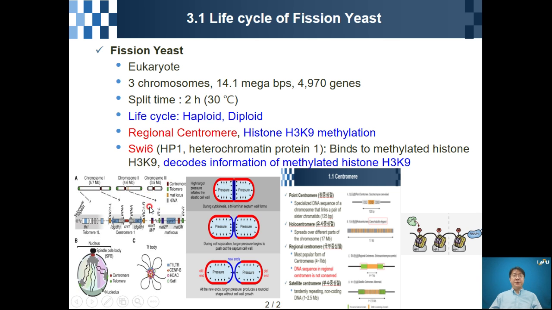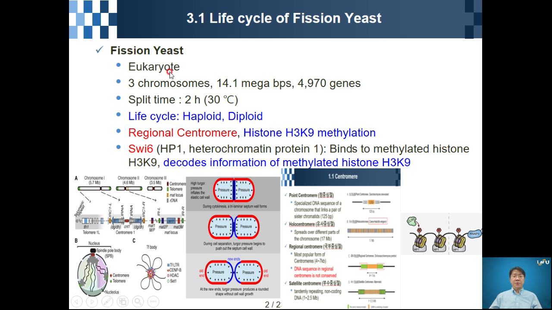Chromosome 2 also has the mating type gene, the mating type locus. Usually chromosomes 1, 2, and 3 exist inside the nucleus.